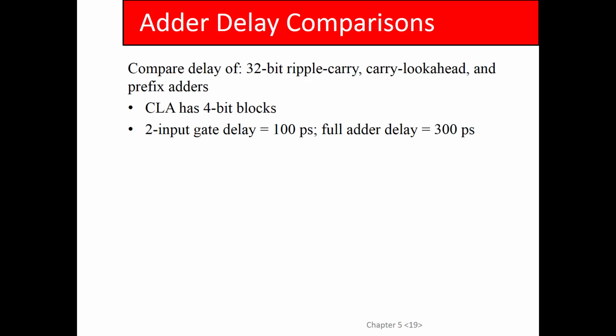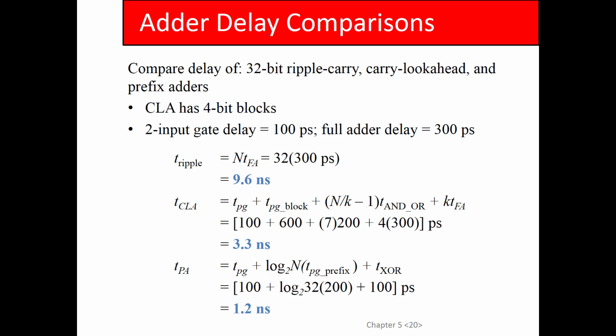All right, so to give you an idea, they calculated this for a 32-bit ripple carry adder. They have some gate delays: 2-input gate delay, 100 picoseconds; full adder delay, 300 picoseconds. For the carry-lookahead, they do 4-bit blocks. You could choose a different block size if you wanted to. That would be a good question for the exam, actually.